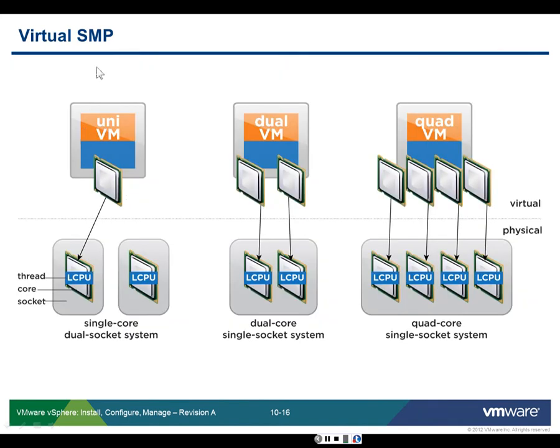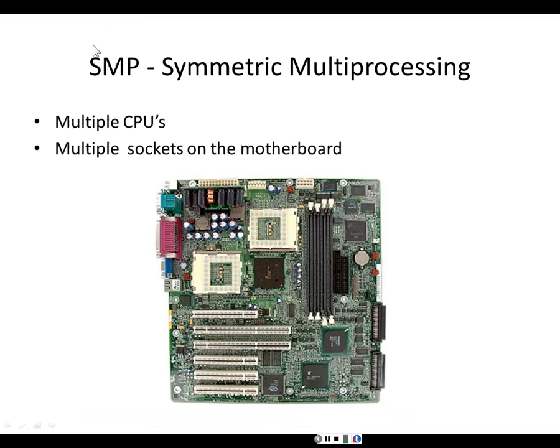Virtual symmetric multiprocessing. Before we look at virtual symmetric multiprocessing, let's just review what's meant by symmetric multiprocessing. Symmetric multiprocessing means you have multiple CPUs. It means you have multiple CPU sockets on the motherboard. Here's a motherboard with two sockets.